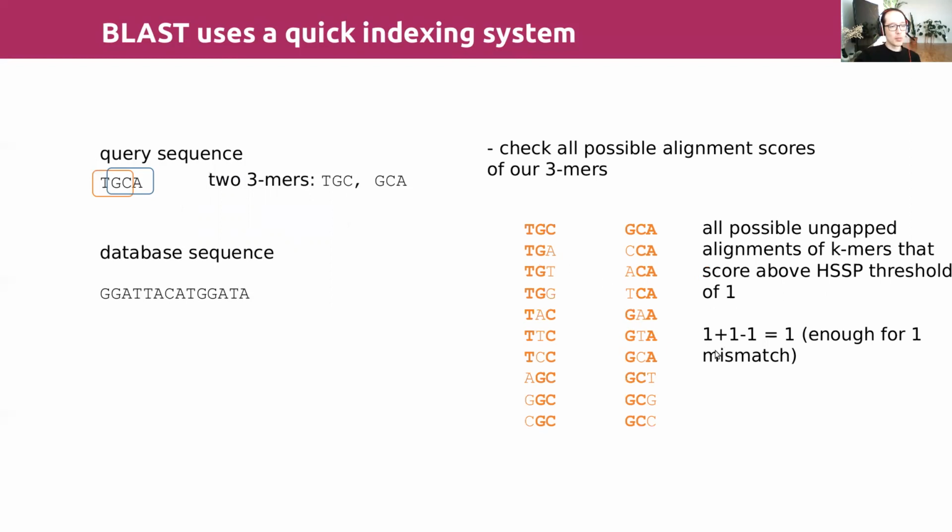Here we're just doing a very simple example, where a match is 1 point, a mismatch is -1. And here we can see that there's a match, and a mismatch. So this particular 3-mer would have an alignment score of +1 with our original 3-mer. So that would meet the threshold and go in. So in this particular case, we have already printed out all of the possible 3-mers that meet this criterion.